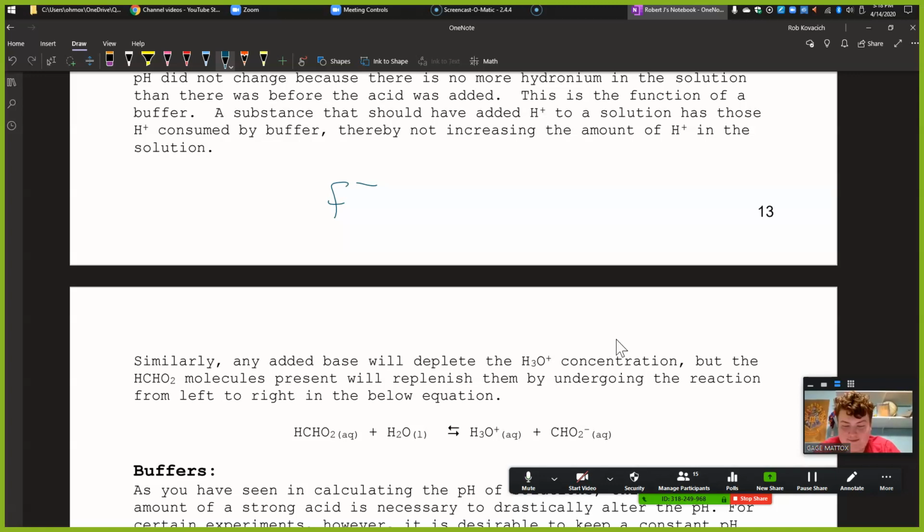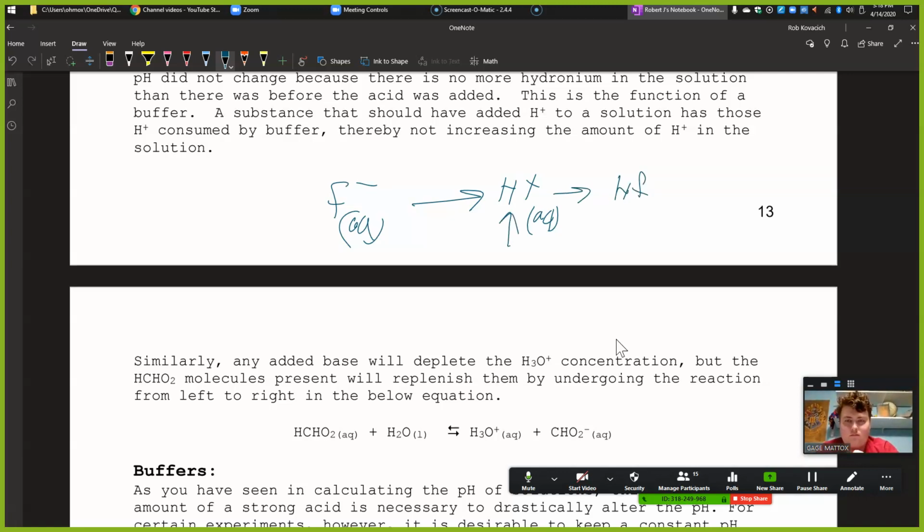If this was in the water, floating around, and an H plus was added to the water, what would this fluoride do? Attach to it? And you'd make hydrofluoric acid.